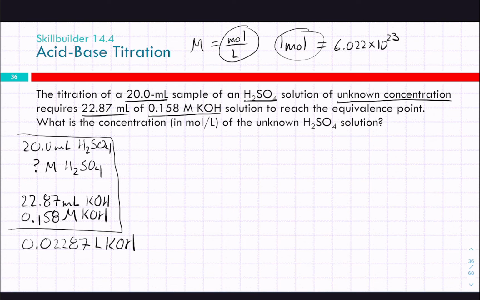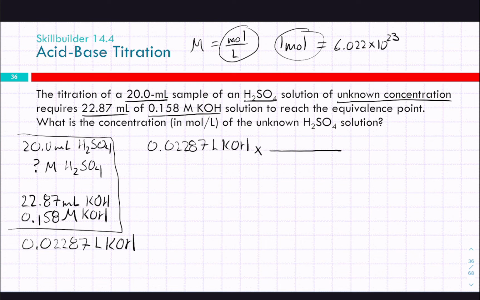Then from there you would go from moles to Avogadro's number, but technically we don't actually need to go to Avogadro's number, but you're on the right track. So molarity is moles per liter. It's a conversion factor. So if we have 0.02287 liters of KOH, we can use the molarity of potassium hydroxide to figure out how many moles.